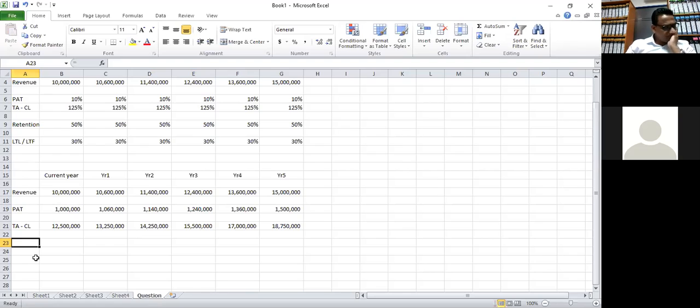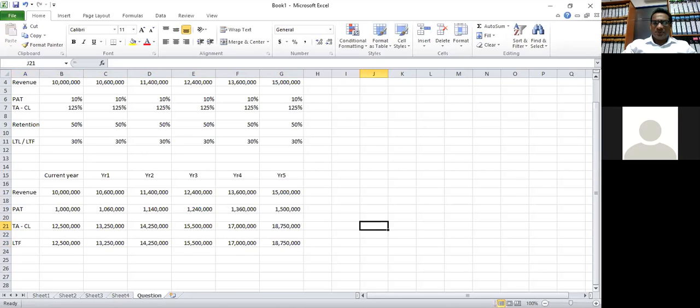Come on, tell me. Total assets minus current liability should be equal to equity plus long-term debt. Absolutely. I can simply say long-term funds. It should equal long-term funds.